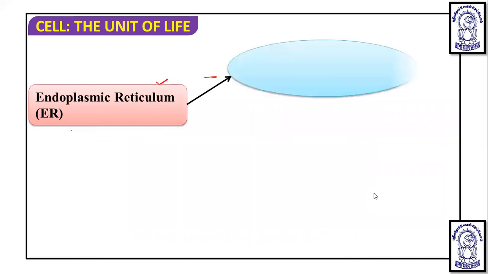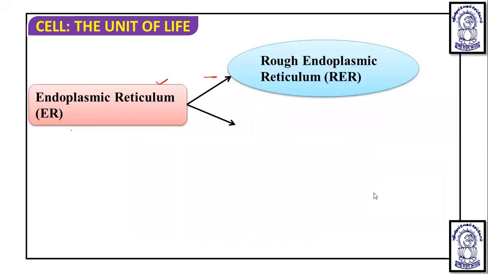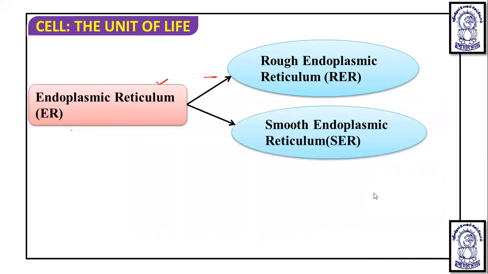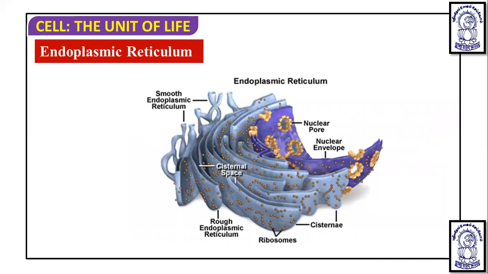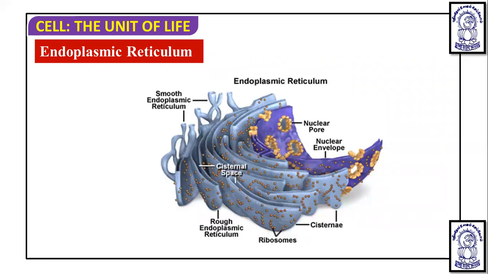Now, endoplasmic reticulum is of two types: rough endoplasmic reticulum or granular endoplasmic reticulum, because it has ribosomes, and smooth endoplasmic reticulum, which does not have ribosomes. So it is known as agranular because the granular appearance is not there.